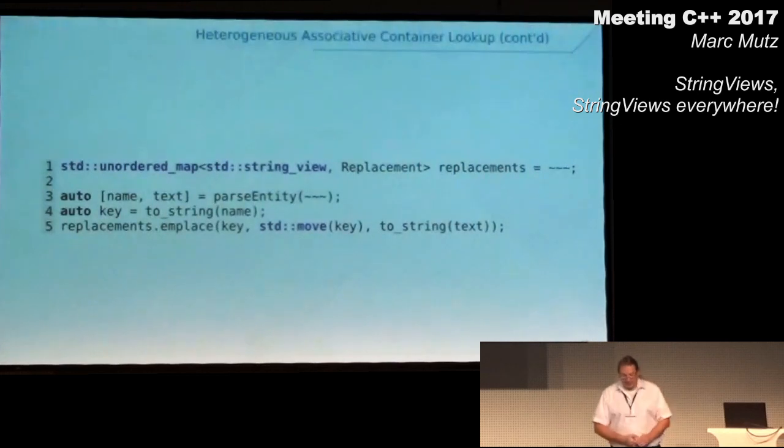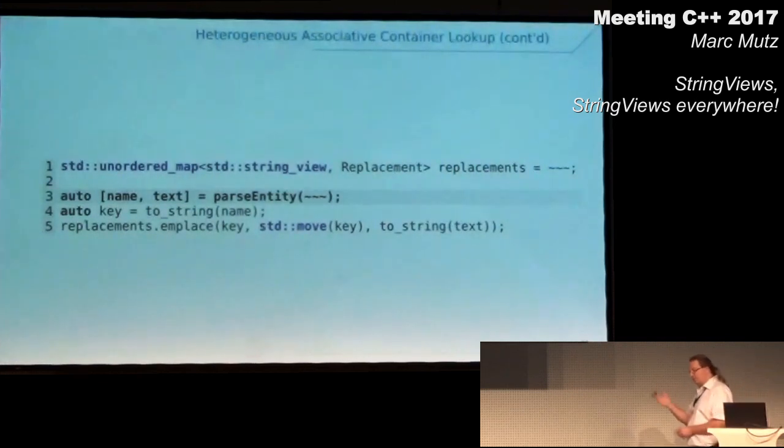So here, we somehow got the replacement map, don't care where from, and we have some parse entity, and it returns me a name and the text. This is C++17, it's maybe a pair or a struct, does not matter. And then we need to convert to an owning reference. In this case, it's a standard string. We do this for key separately because we need it twice.